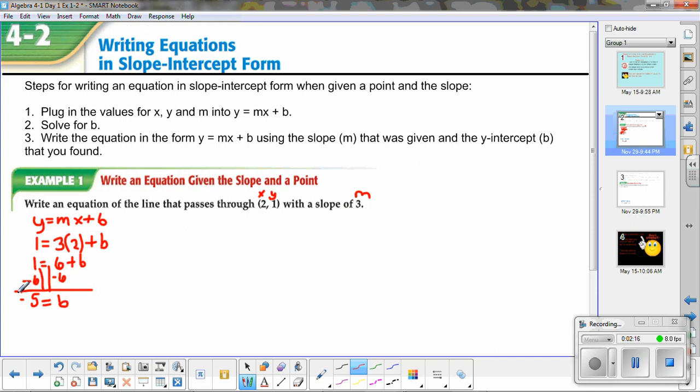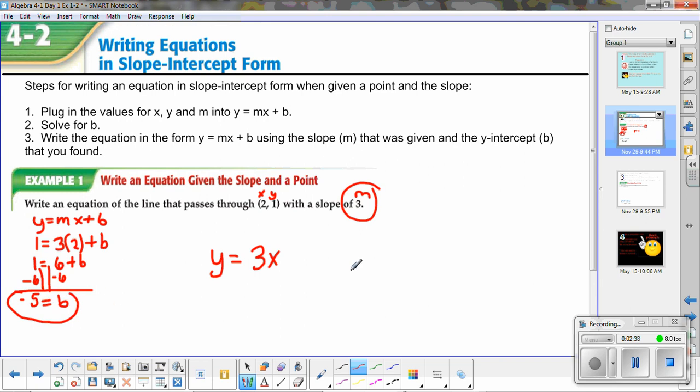We need to use that information and this information that they gave you, a slope of 3, to now write the equation. Basically, I'm going to say y equals m, but in place of m, I'm going to put a 3, x, and then plus b.